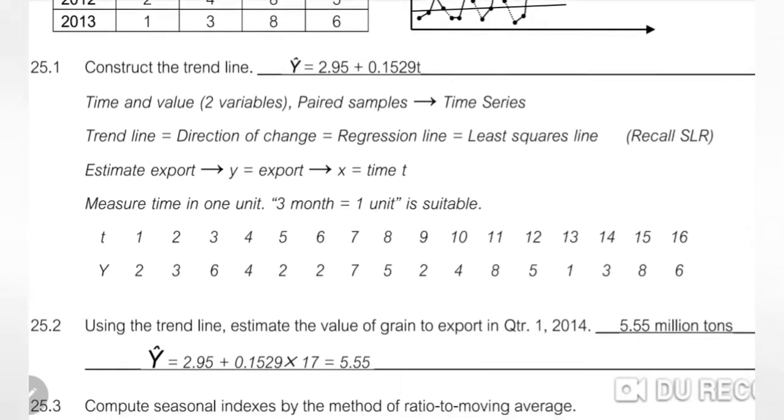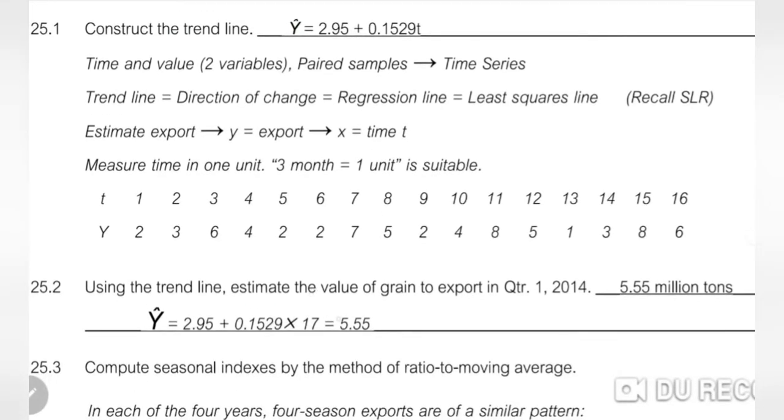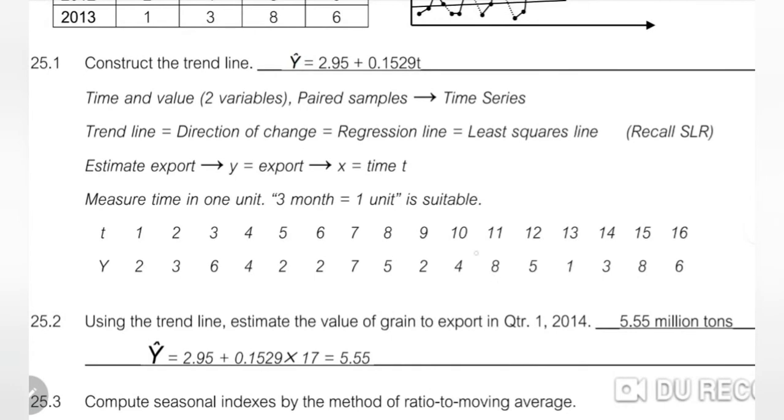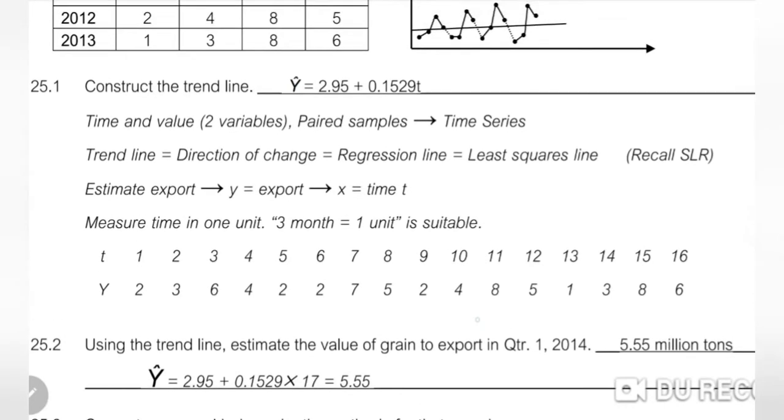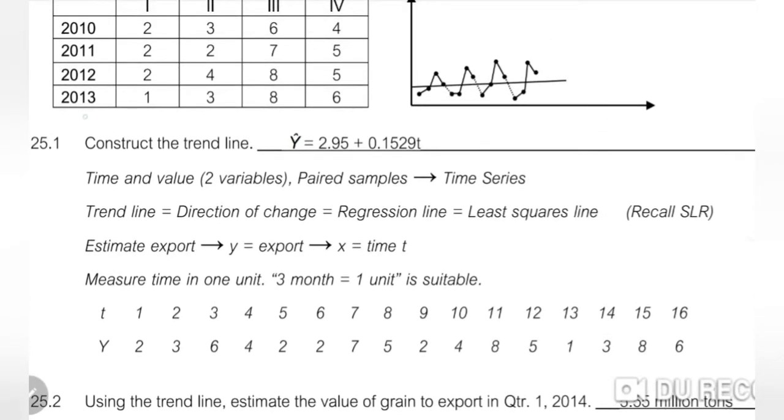25.2. Using the trend line, estimate the value of grain export in quarter 1, 2014. So in equation 25.1, what t value shall we enter? Let's check the table. 2013 quarter 4 is time value 16 units.